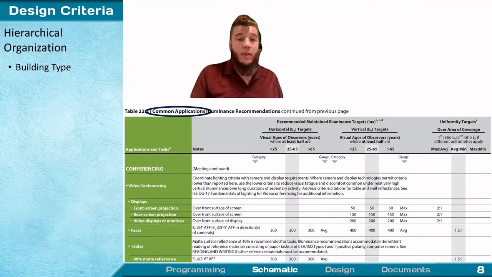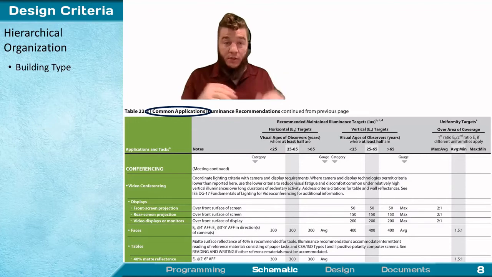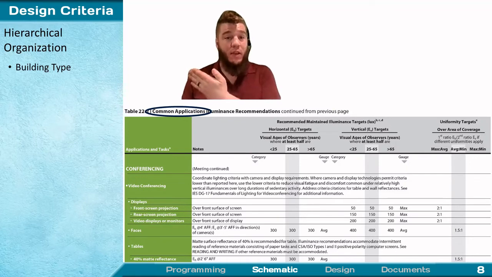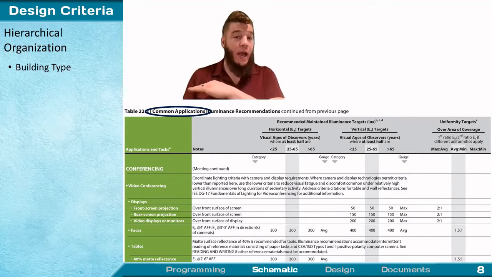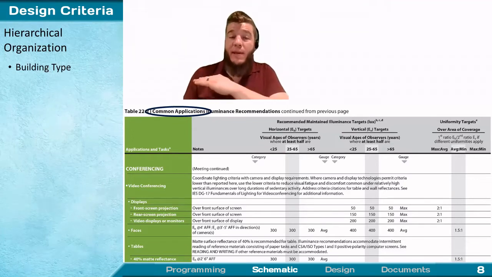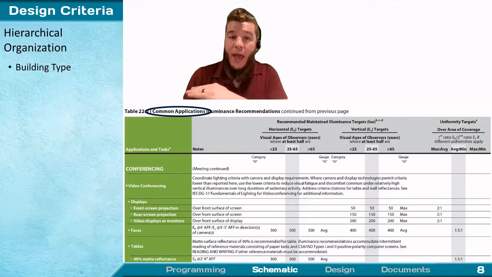First off, the handbook has a hierarchical organization to it. The first thing you need to figure out is what building type you're using. So we're just looking right now at common applications, but for your project, we're going to establish the correct building type and get recommendations for that type.